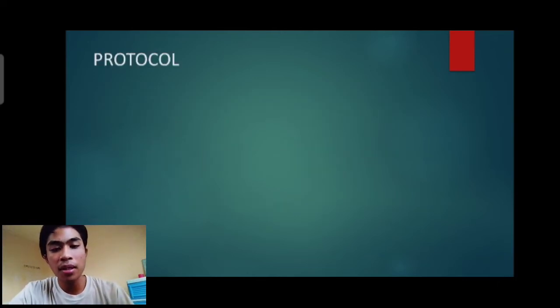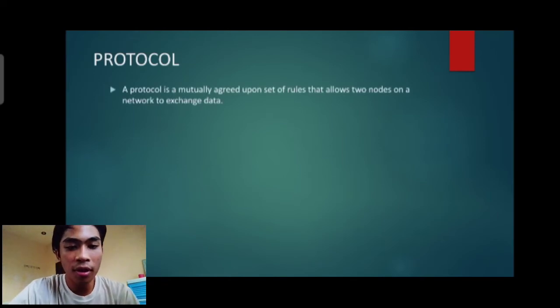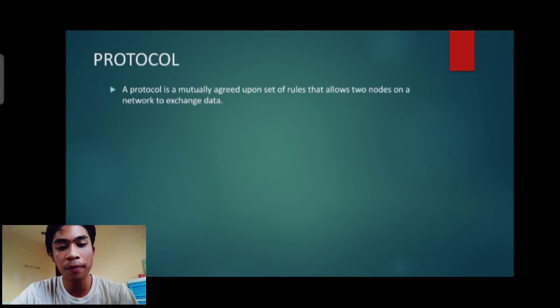We must first get familiarized with these networking terms to understand the OSI model more easily. So protocol. What is a protocol? A protocol is a mutually agreed upon set of rules that allows two nodes on a network to exchange data. In other words, nodes are, for example, computers that can send and receive information.